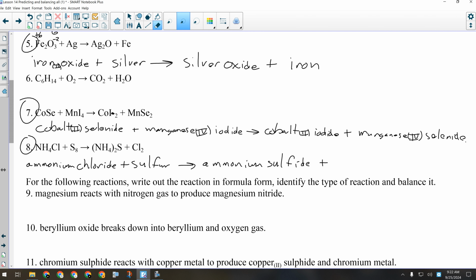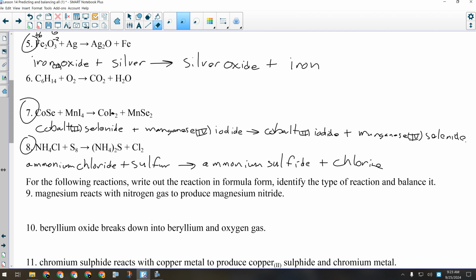Okay, and chlorine. Oh man, I haven't been balancing any of these. We gotta go back and balance some of these. I forgot. Sorry guys. And then if we're looking at what kind of reaction that is, it would be a single replacement. Okay, let's go back and do the balancing.